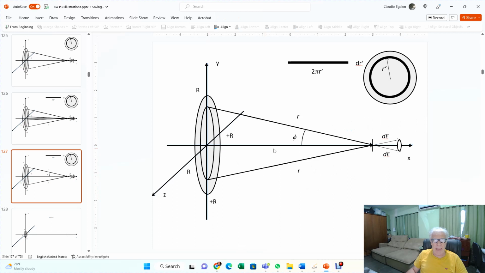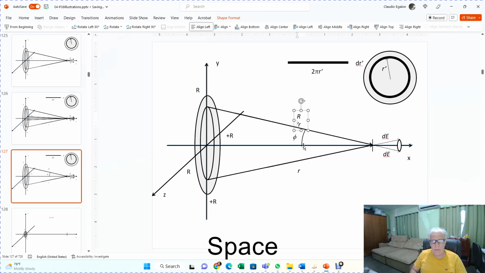That's going to be x divided by r prime, which, by the way, is the distance of the infinitesimal ring to the point where we are calculating the field.